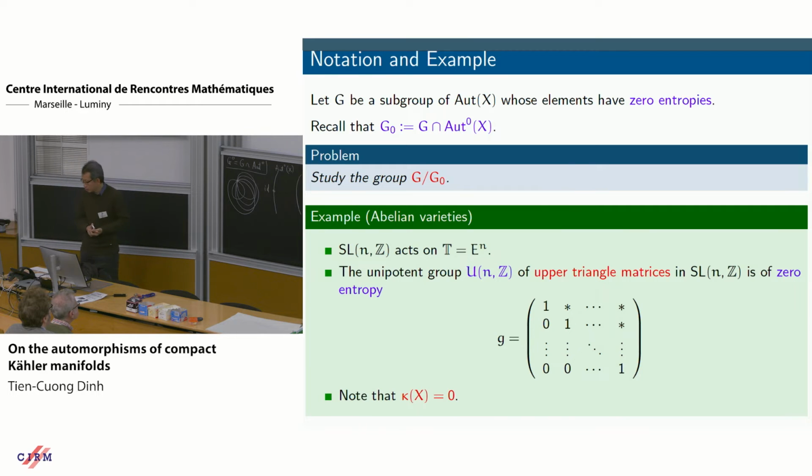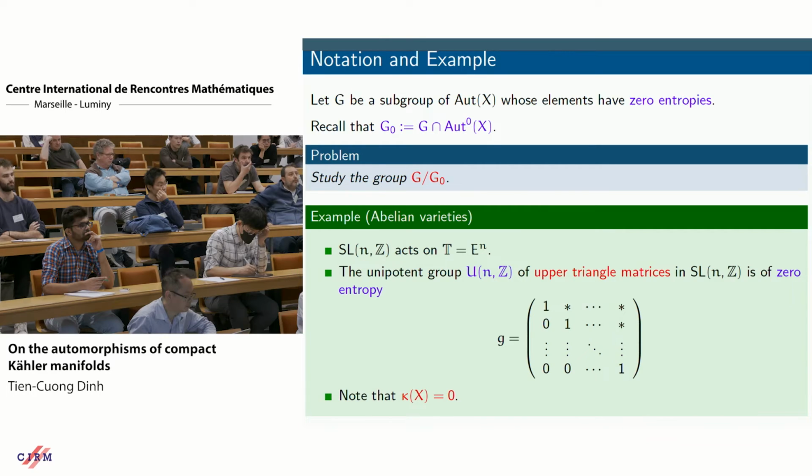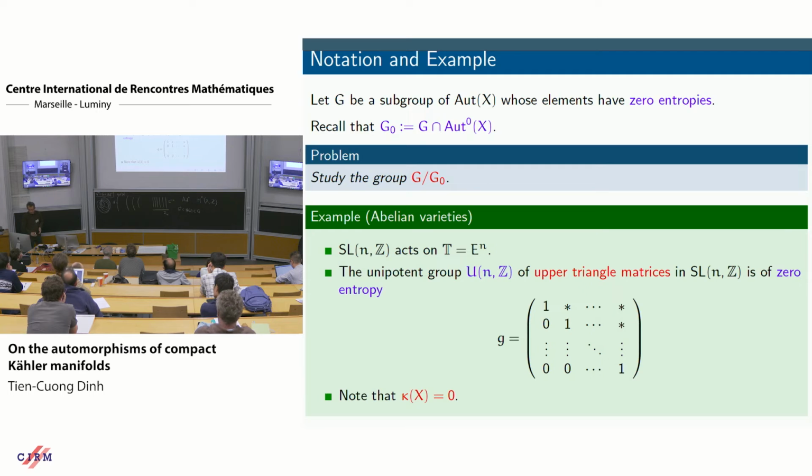Okay, so I come back to the same example. SL_n(Z) acts on this torus, and you have the unipotent group U_n(Z) of upper triangular matrices like that, acting on T, and you see that all eigenvalues are equal to 1, so the entropy is equal to 0. The Kodaira dimension is equal to 0. Yes, this is the first example.